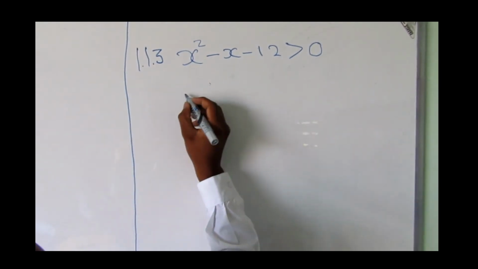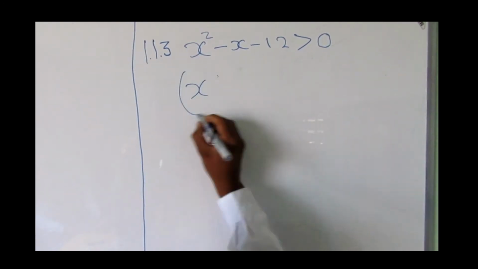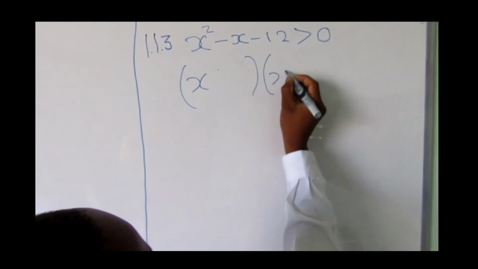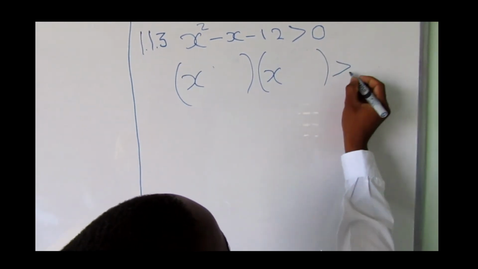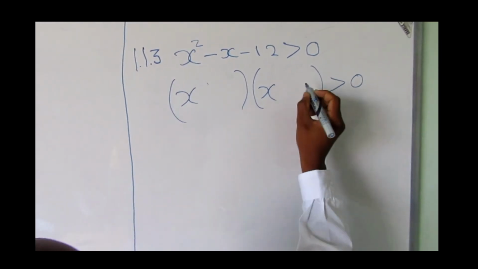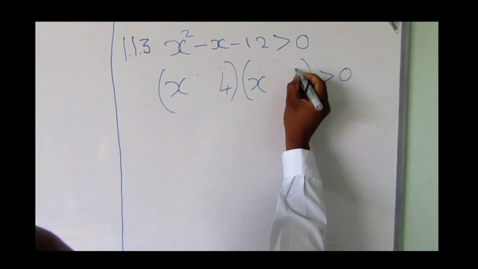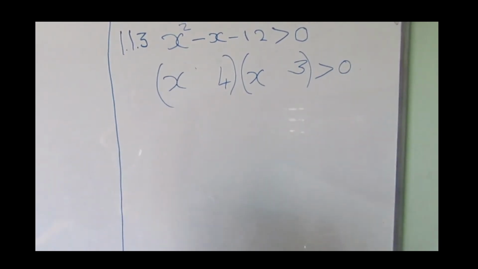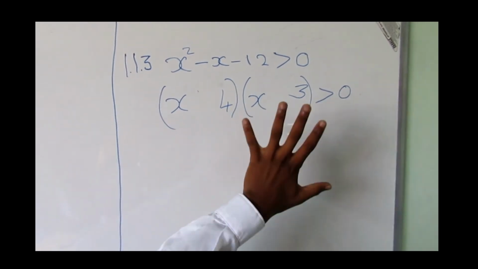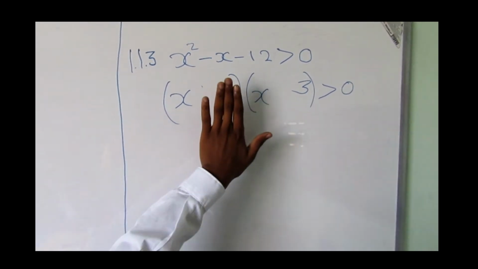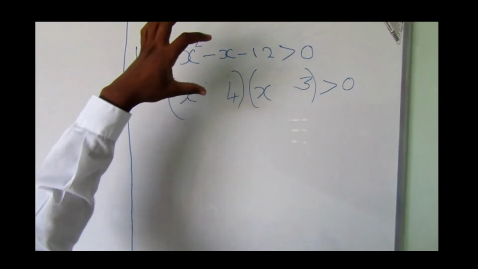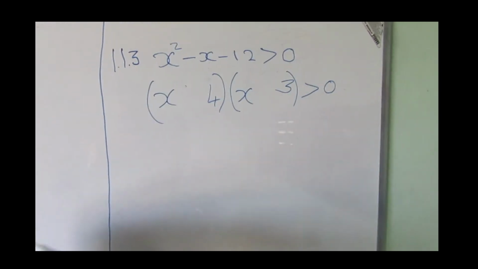Second step is to say x. Then we say we are taking 4 and 3. Then when we arrive here, we need to choose a sign that will give us negative x.